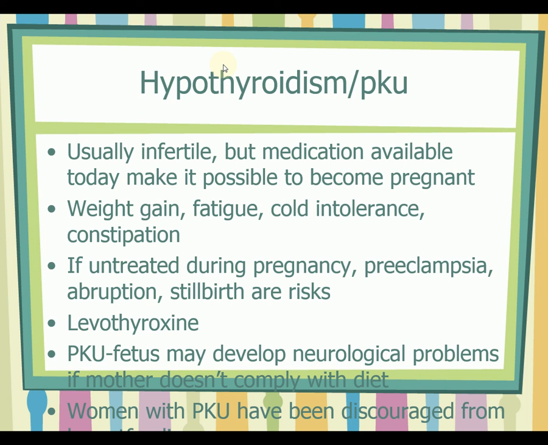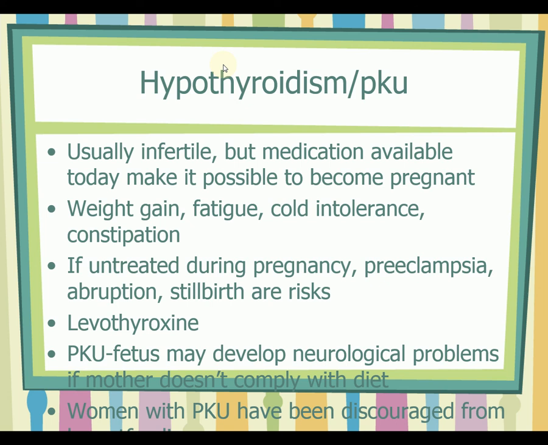A lot of people do that have PKU. They still have a lot of phenylalanine in their bloodstream that's not being utilized, but it doesn't do damage to their mental status like it does if you're having it while you're having brain development. So these women need to go back on their PKU diet before they become pregnant, because chances are their baby's going to be born with PKU.